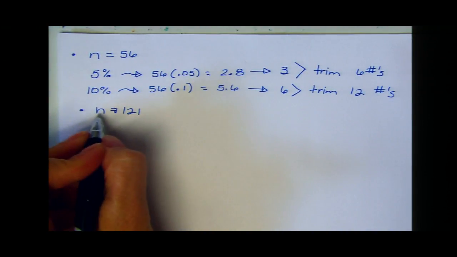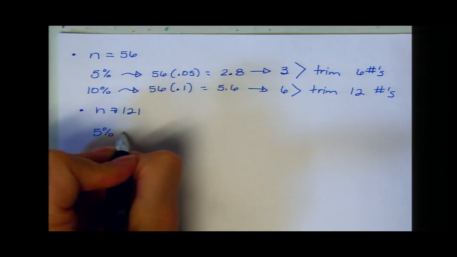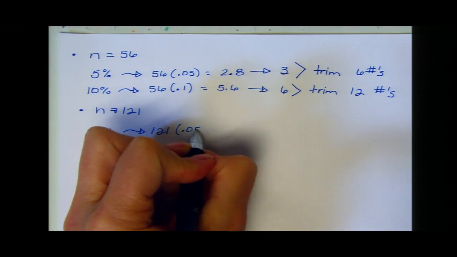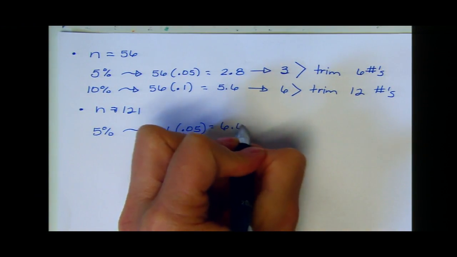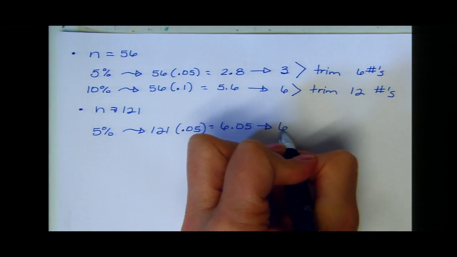Now let's look if n was 121. So the 5%, 121 times 0.05 is 6.05. Well, in this case, normal rounding rules would be 6.